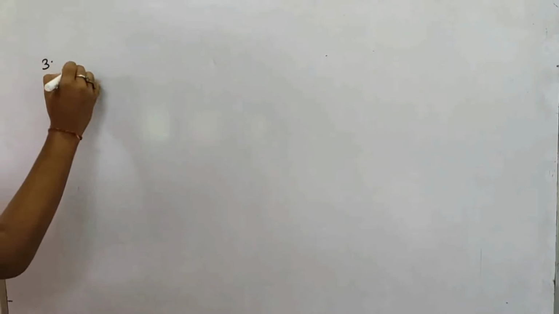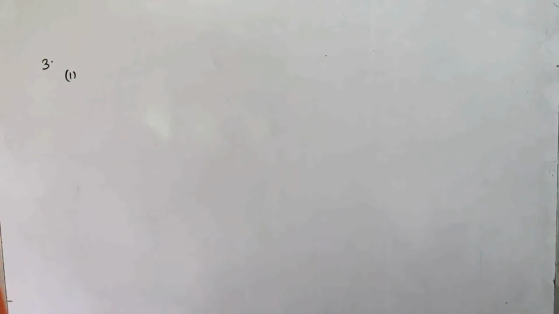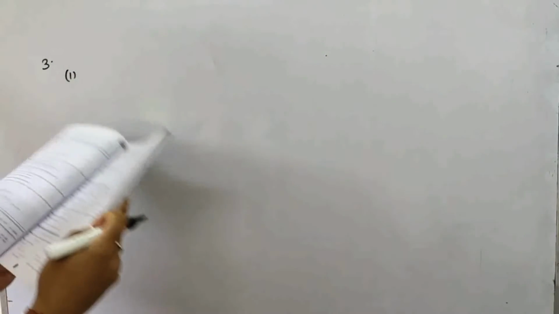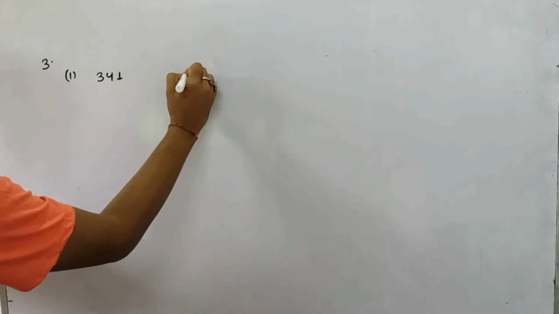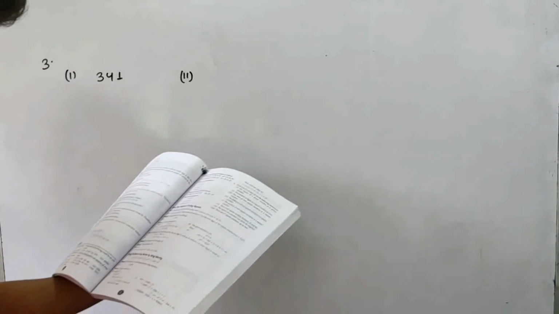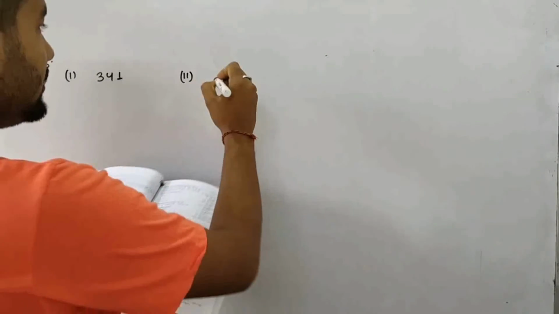Question number 3. The square of which of the following would be an odd number? Number 1: 341. Number 2: 2628.